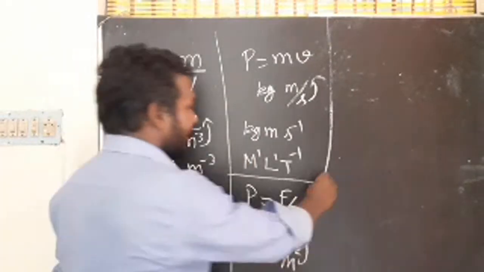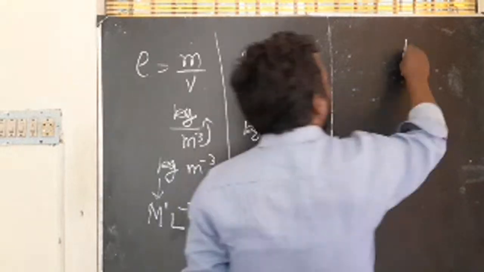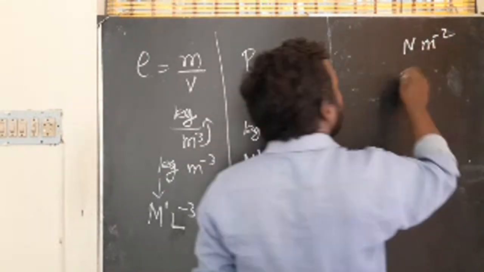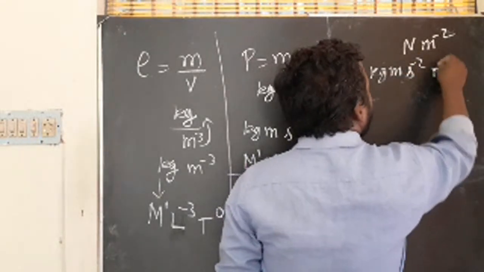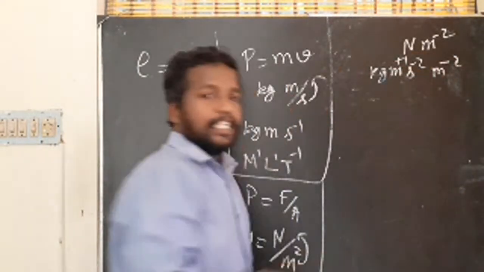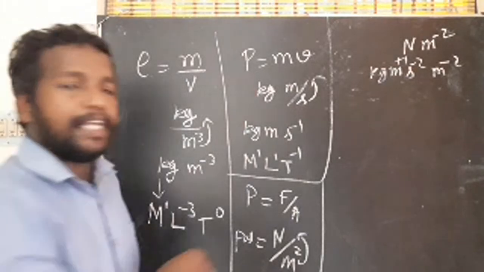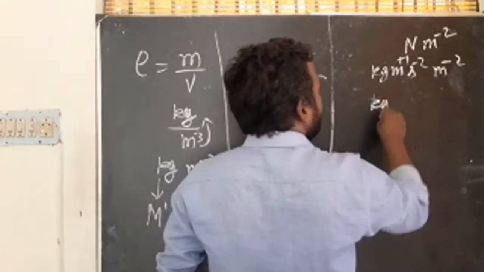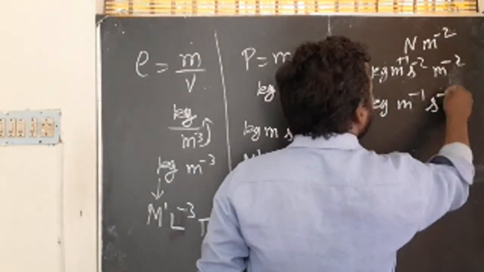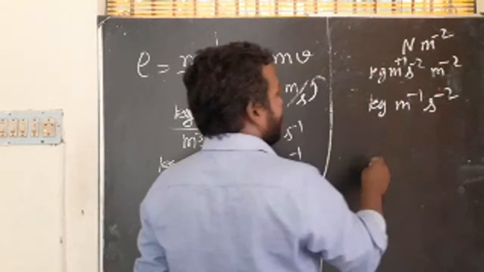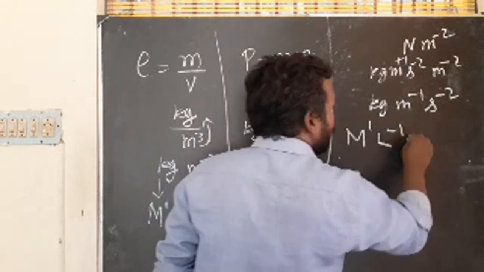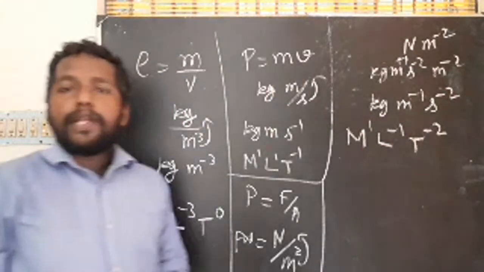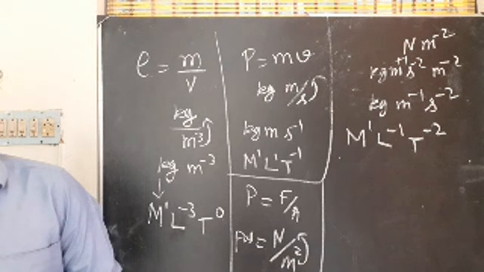So the pressure unit we get is Newton meter minus 2. What about the Newton? Newton is kg meter second minus 2, meter minus 2. Plus 1 minus 2 will be minus 1. So kg meter minus 1 second minus 2. Now the dimensional formula for pressure is M power 1, L power minus 1, T power minus 2. Now I got the dimensional formula for pressure also.